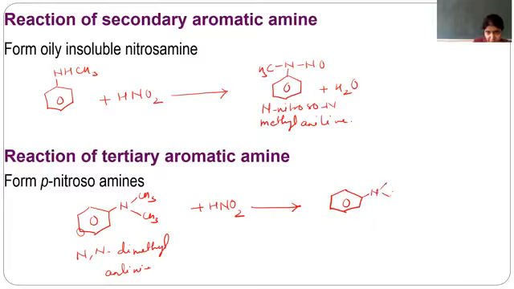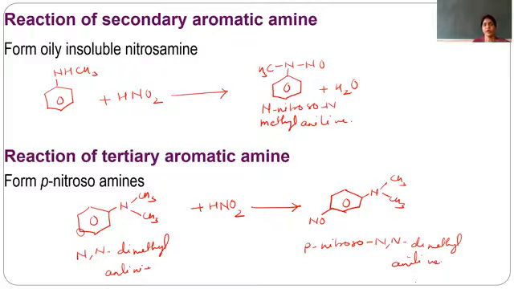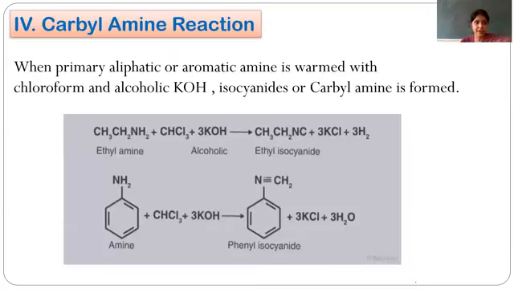This is the tertiary amino group, and at the para position NO will attach. So it forms para-nitroso-N,N-dimethylaniline. So in this way, we can differentiate primary, secondary, and tertiary aromatic amines by nitrous acid reaction.